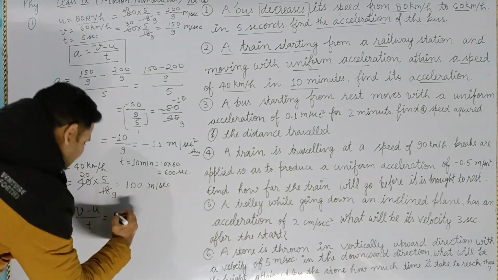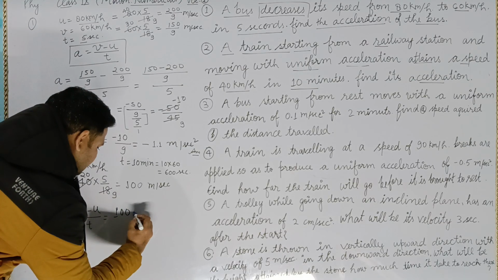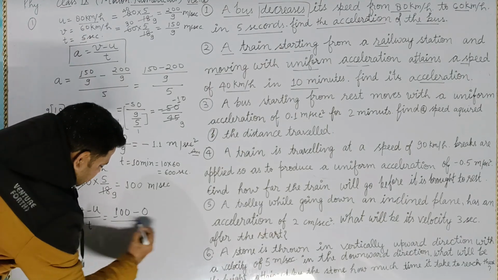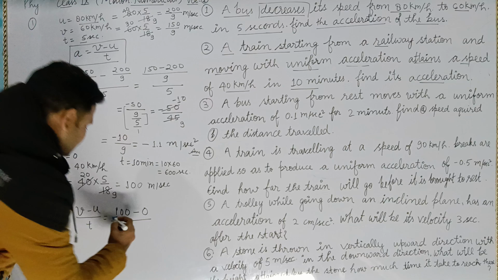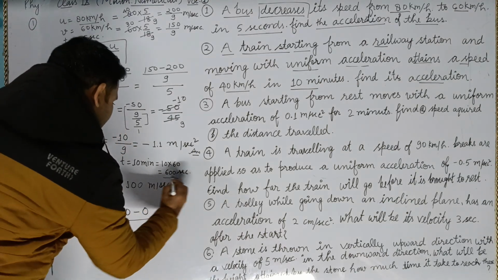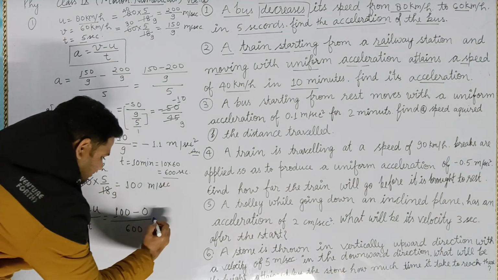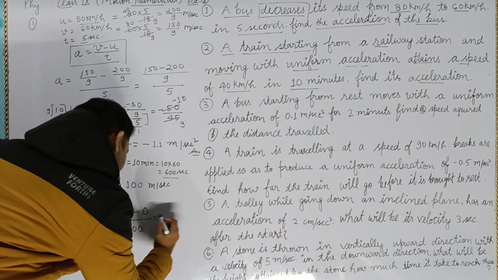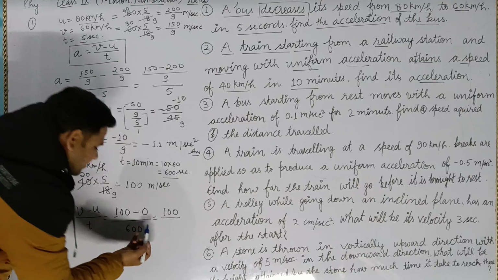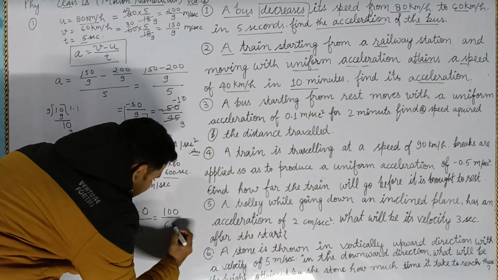V is 100 meter per second and u is 0, upon t times 100 meter per second, 600 seconds is equal to 100 upon... When we subtract 0 from any number, the result is the same as the number.